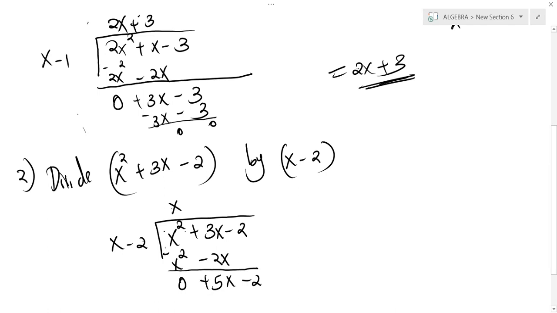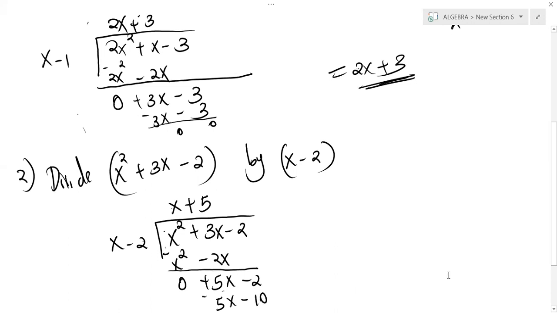To get the next term here, we take this 5x, divide by x, that will give us 5. So we have plus 5, and use that 5 to multiply these terms here. That will have 5x, and minus 5 times 2 will give us 10.